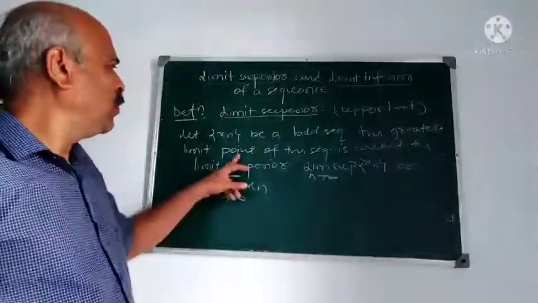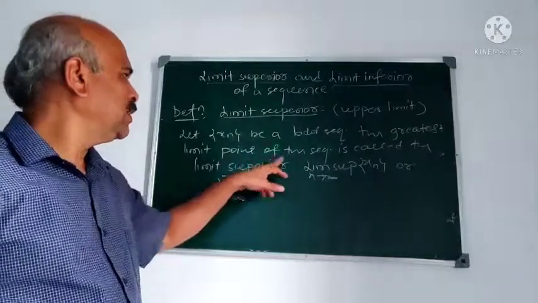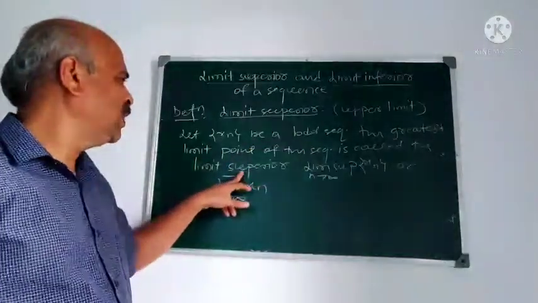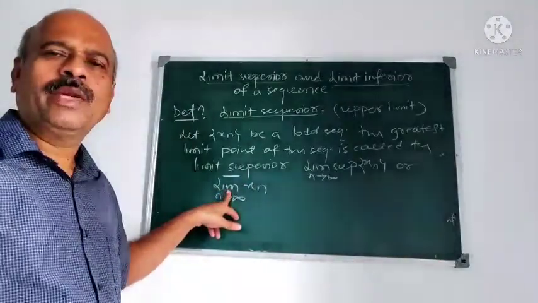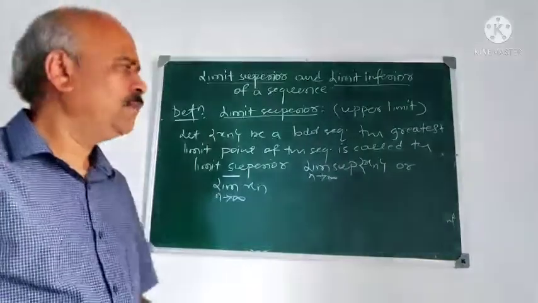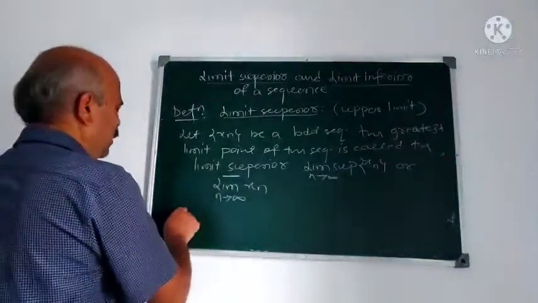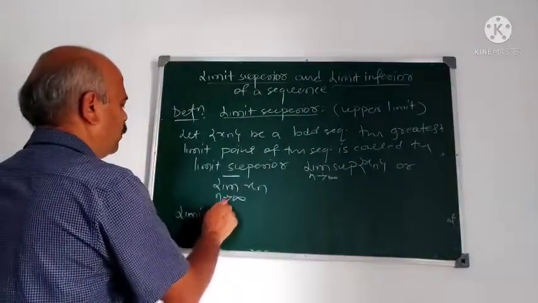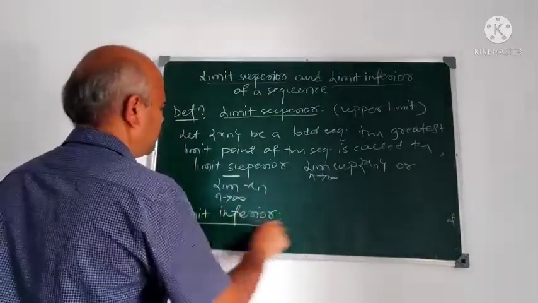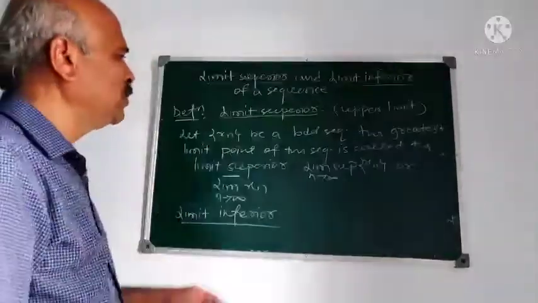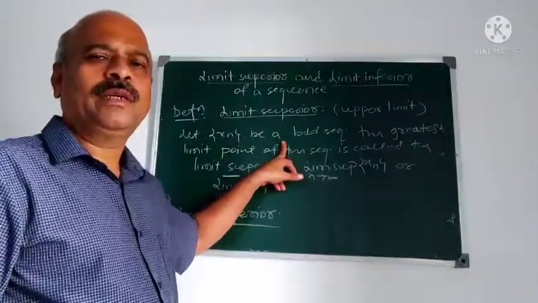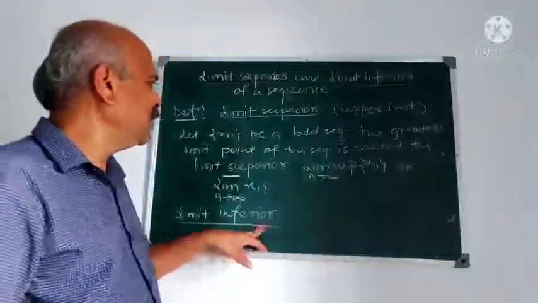So the greatest of all the limit points of the sequence is called limit superior, denoted by this notation, or limit superior Xn. Similarly, we define limit inferior.